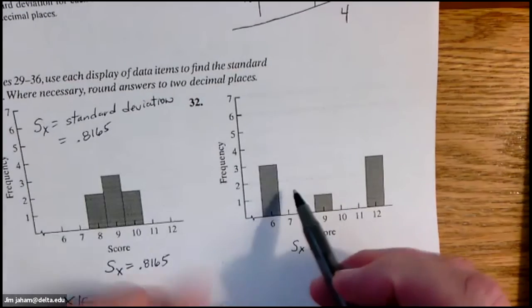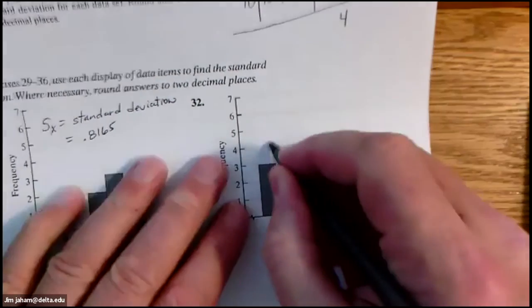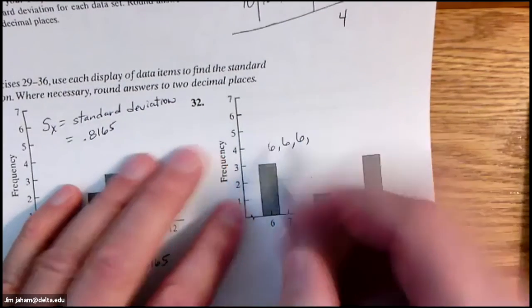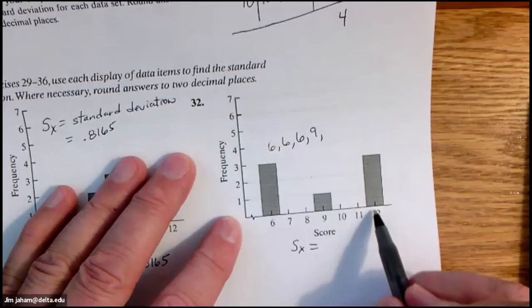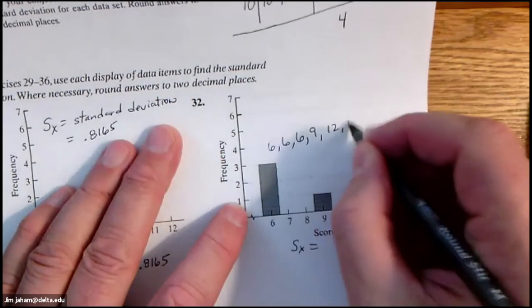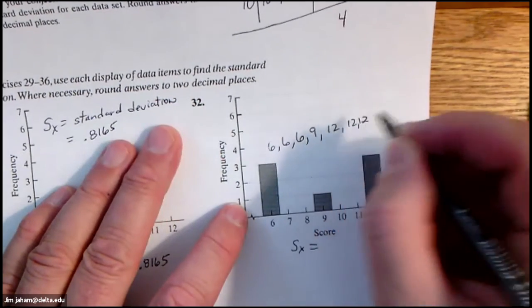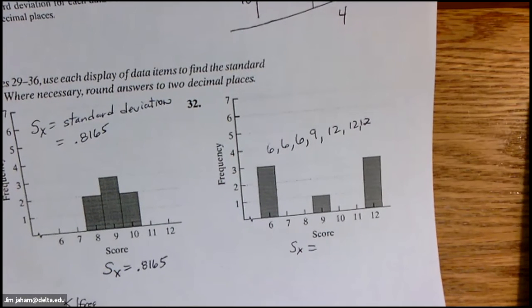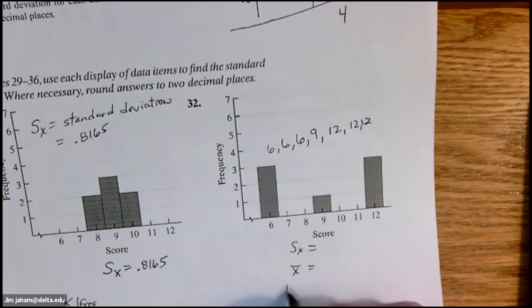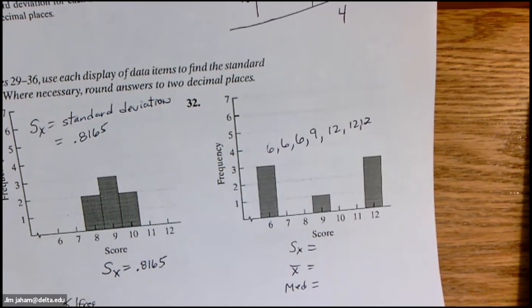Here's this data set. We have 3 6s, 6, 6, 6, 3 of those. 9, we have 1 of them. And then 12, we have 3 of them. Now, the calculator will give us the mean, will give us the median, will not give us the mode.